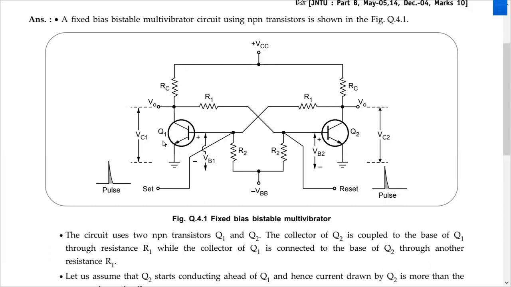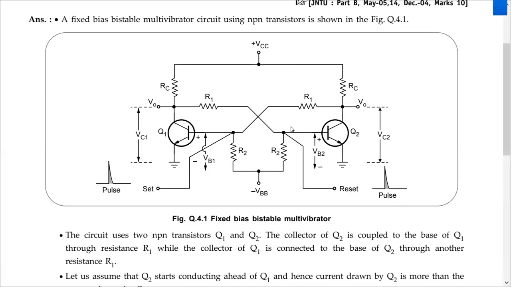Let us take Q1 is off, Q2 is on. Now the signal will travel in this path. So we have a positive voltage plus VCC and a negative voltage minus VBB.